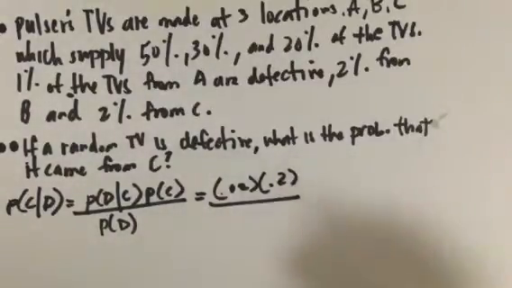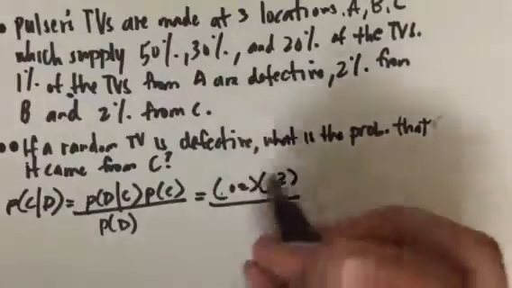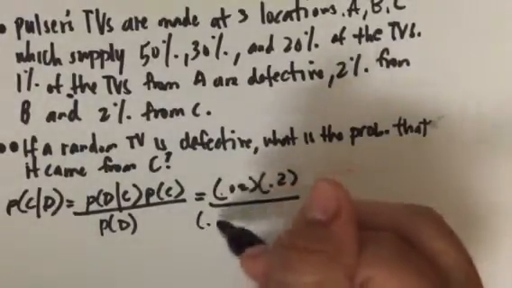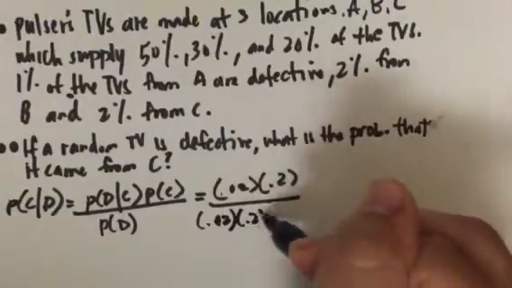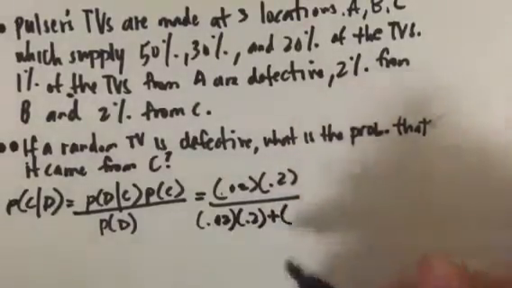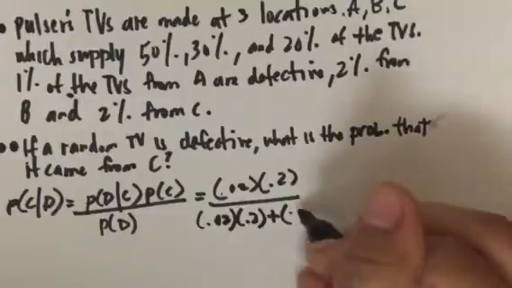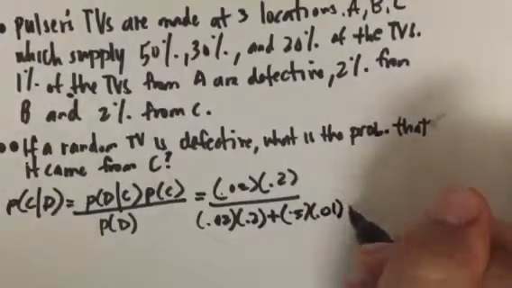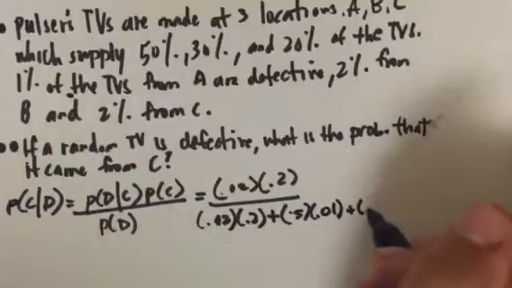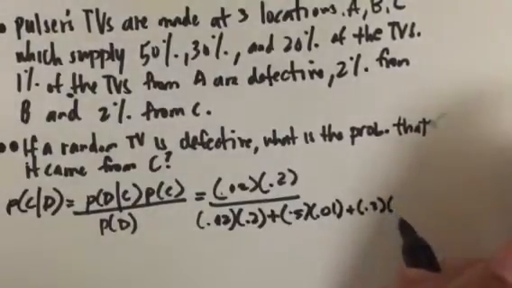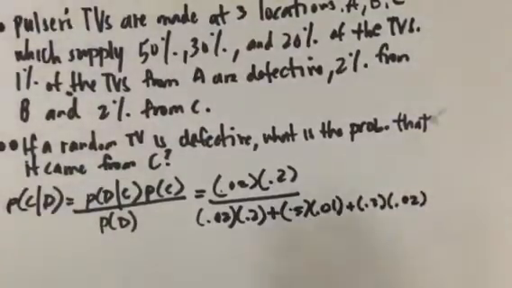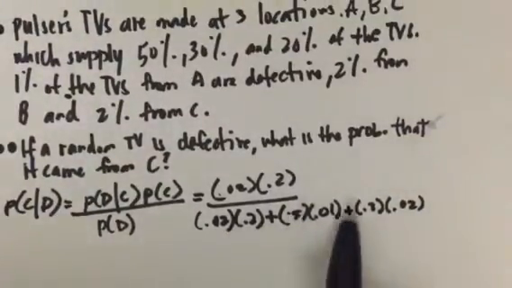So you put this down, 0.2 times 0.02 plus 0.5 times 0.01 plus 0.3 times 0.02. So you just do the same thing right here and right here.